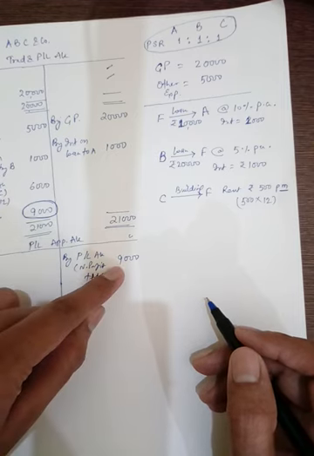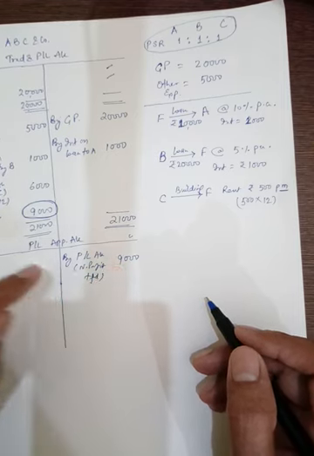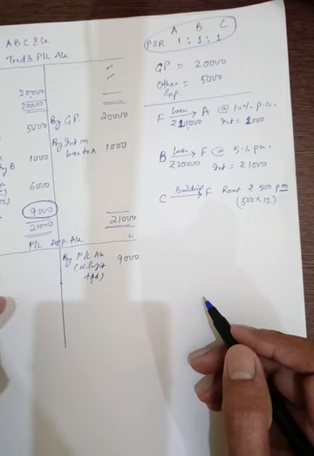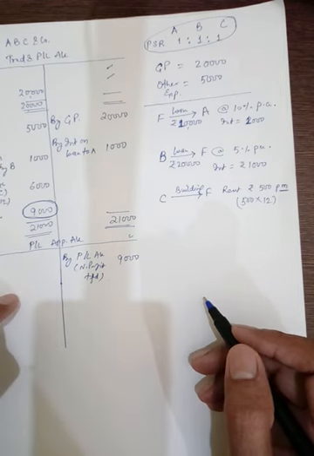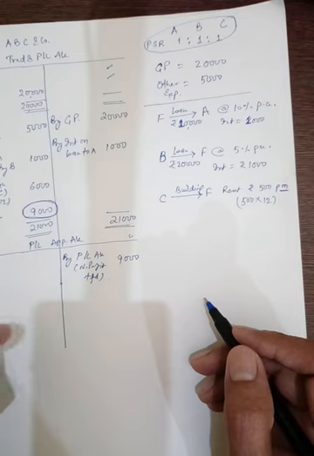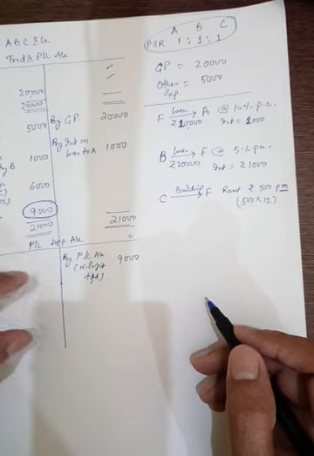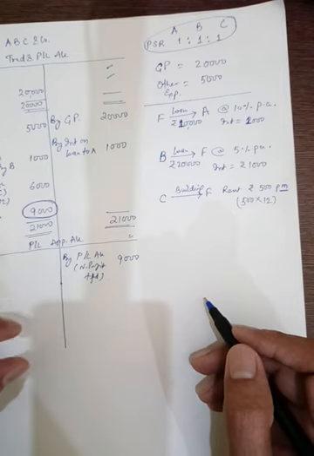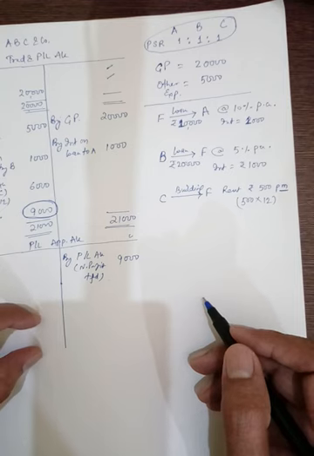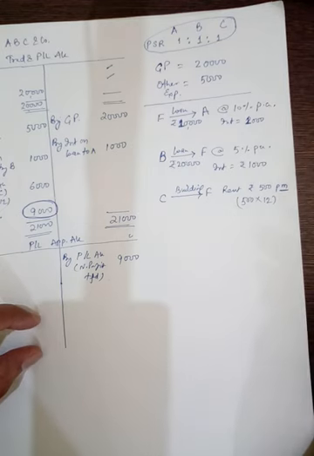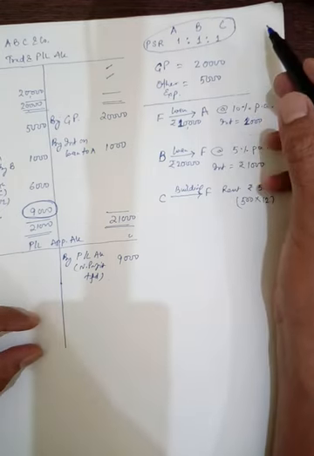This 9,000 will be first apportioned in the form of interest on capital, then in salaries or remuneration to partners, and then transfer to reserve, and thereafter whatever profit remains will be transferred to all the partners in their profit sharing ratio.